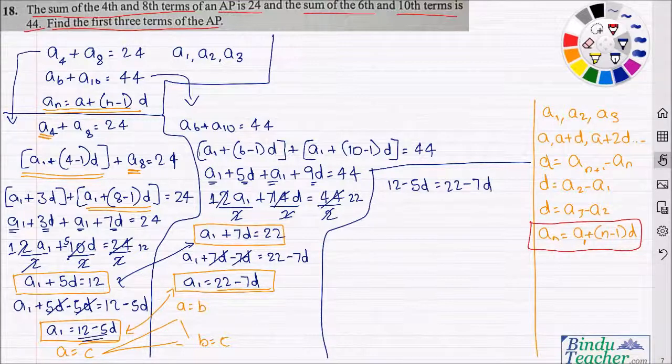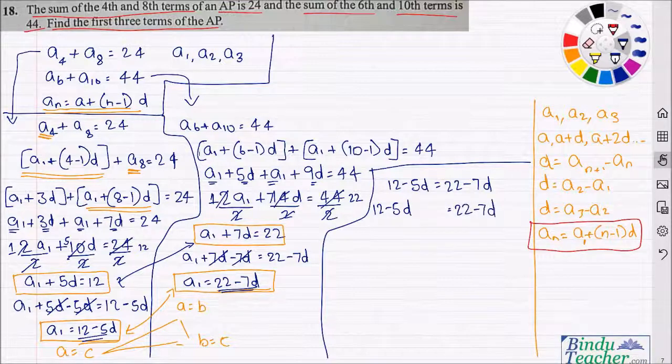So this is the 12 minus 5D and this is the 22 minus 7D. We'll have to do a little bit of balancing of this equation. So I will move all the alphabet D to one side of the equation. Let's move it on the left hand side. So I'll write 12 minus 5D equals 22 minus 7D.